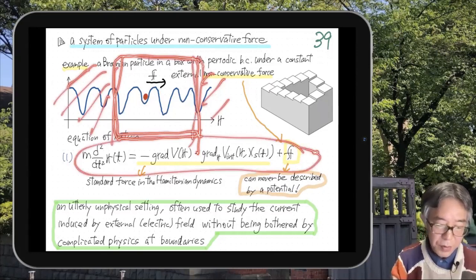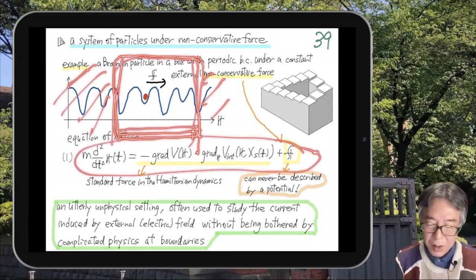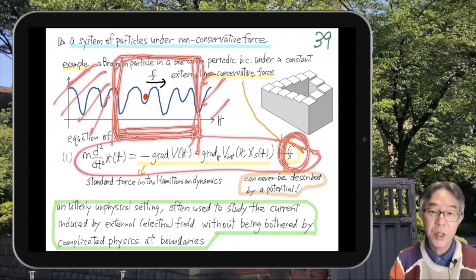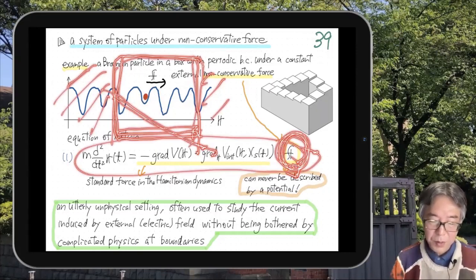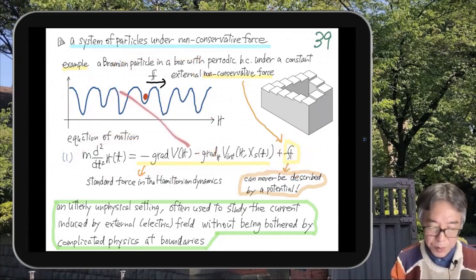If we are only interested in this part, then this constant force can be described by a standard force coming from a potential, the minus gradient of this potential. Of course, if the particle goes beyond here, this potential doesn't work, but our tau is very small, so the description in this local potential is enough.